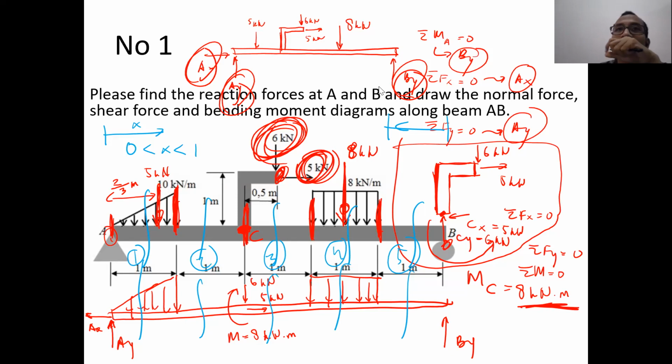Sir, I have a question. I was just making sure that in distributed force, when we want to calculate the moment diagram for the moment, sometimes I'm a bit confused that when we multiply it by x, the distance between the distributed force to the moment.